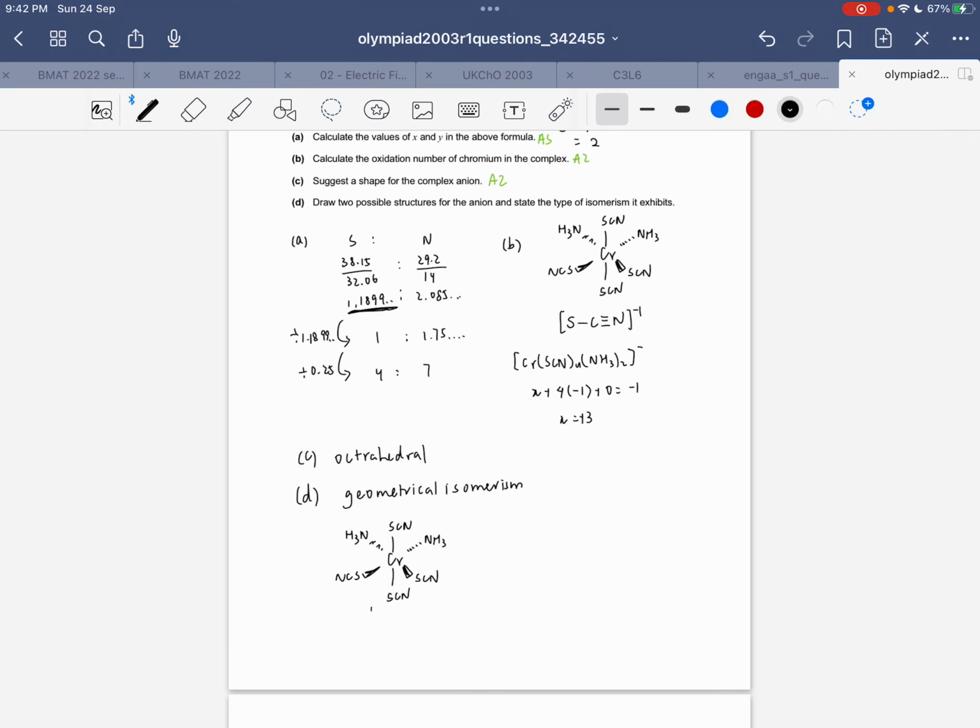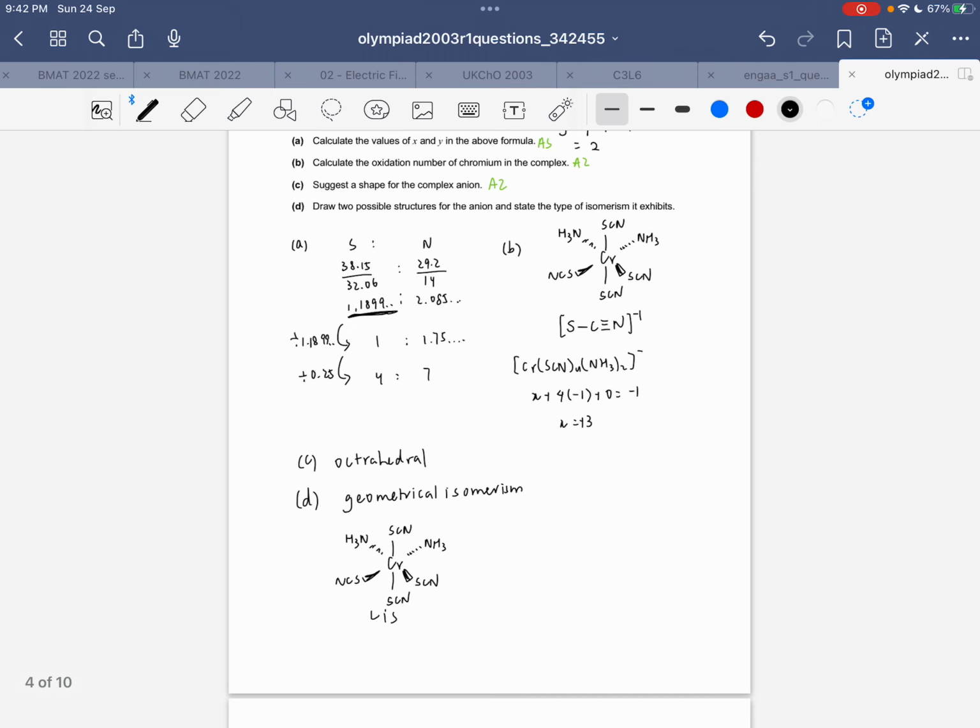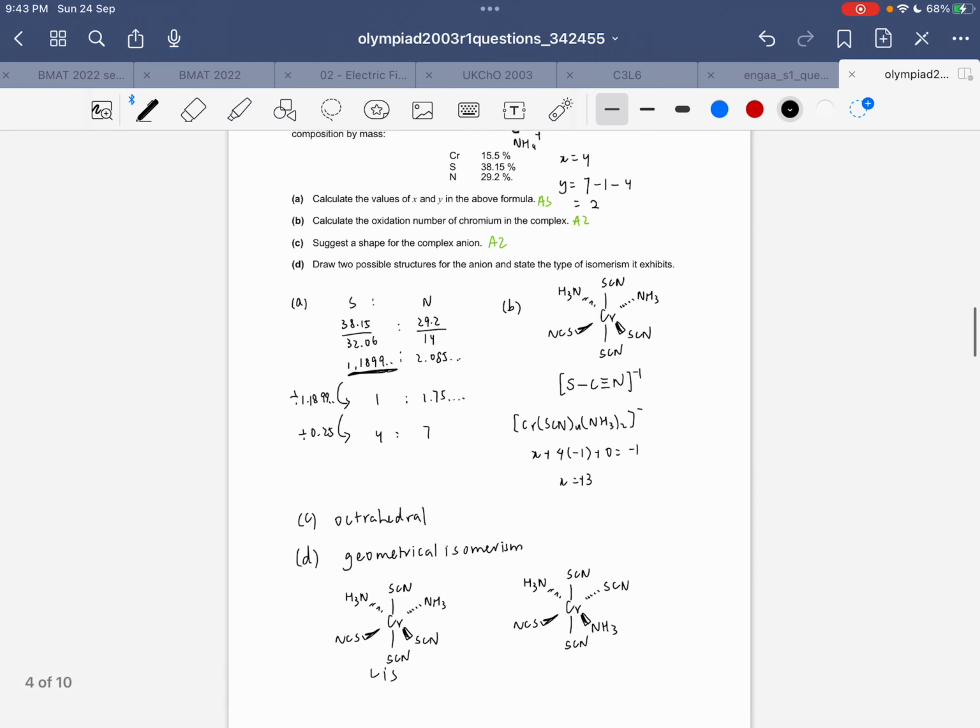This is a cis isomer. And I can also have a trans isomer where the 2 nitrogen groups are opposite to each other. That is, the angle between them is 180 degrees. So let me just draw it out. And that is the end of today's question.